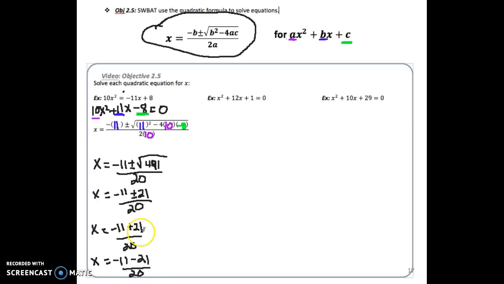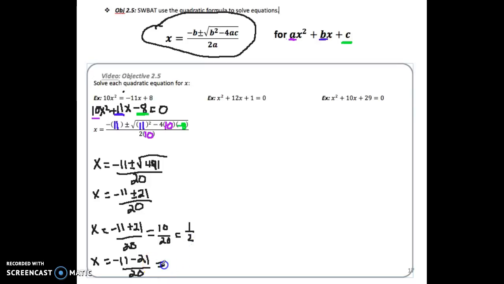It's really important that you remember order of operations here. So plug it into the calculator either by making a fraction or by putting the top part in parentheses. Negative 11 plus 21 gives us 10 over 20, which is a half.